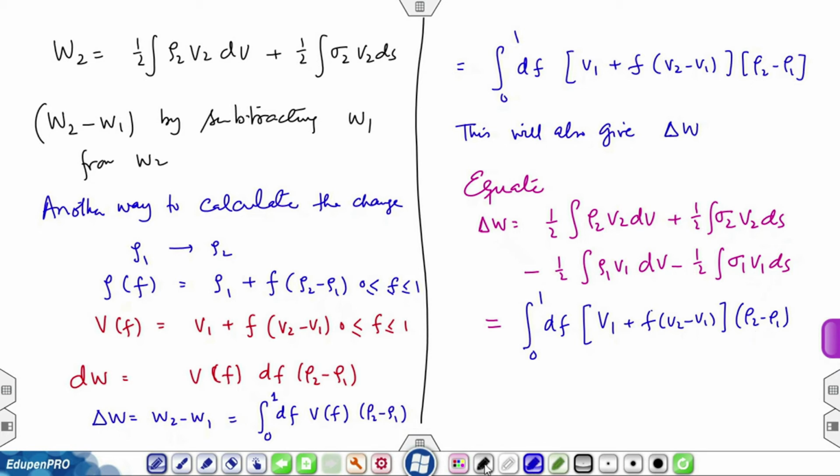This will lead to reciprocity theorem, and this is left as an exercise for you.